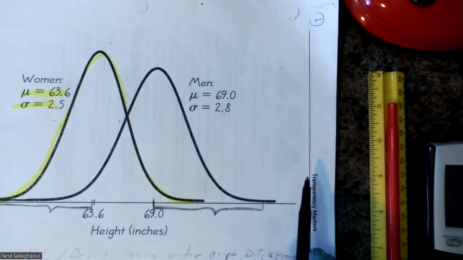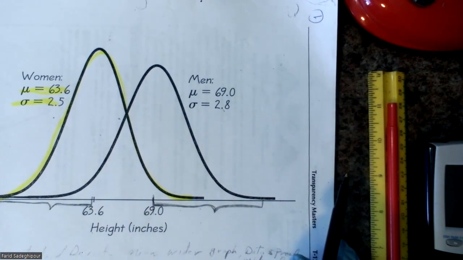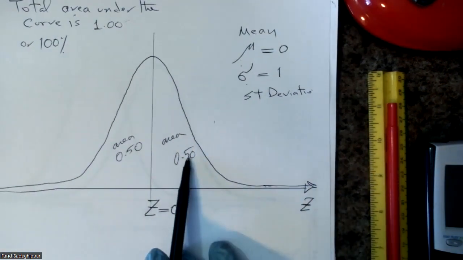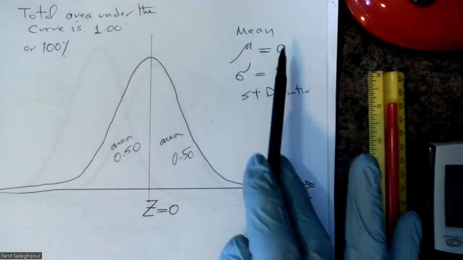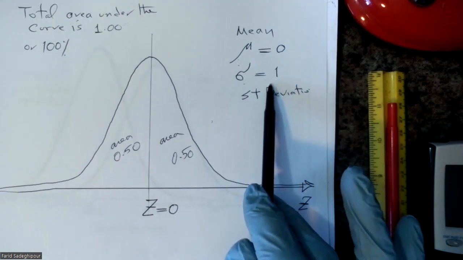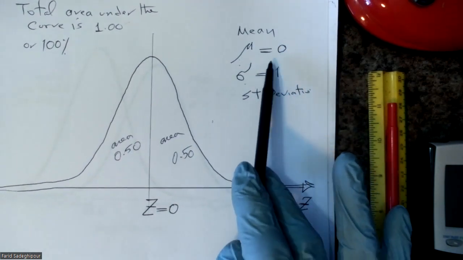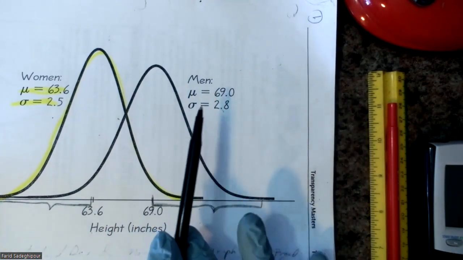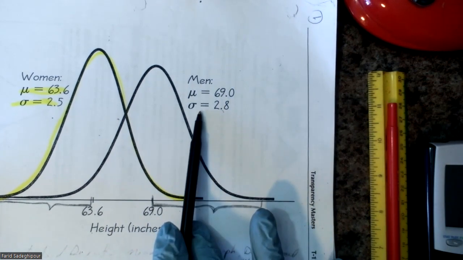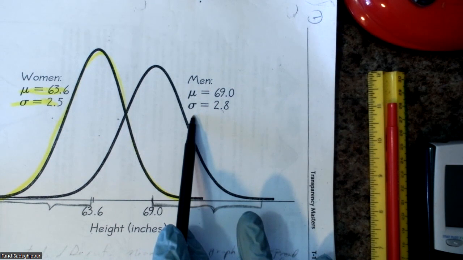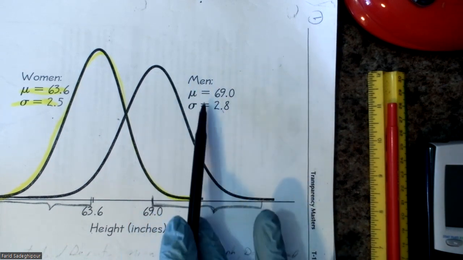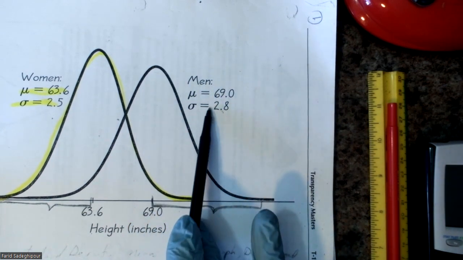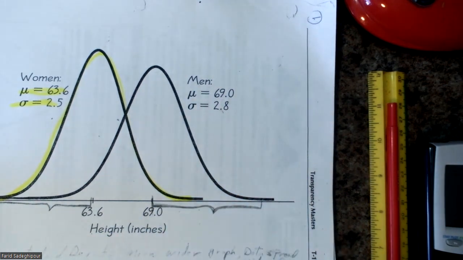But all the tables and statistics are designed based on a standard curve, meaning the curve that has this requirement. So if you have a problem where the mean and standard deviation are not 0 and 1, we have to convert from this type of curve to the standard one.